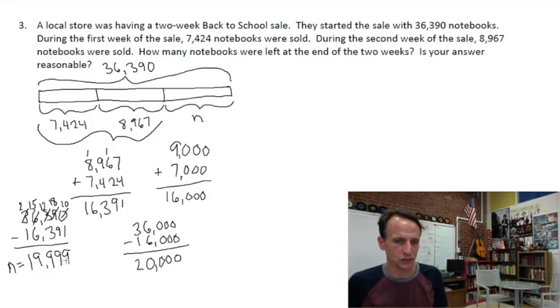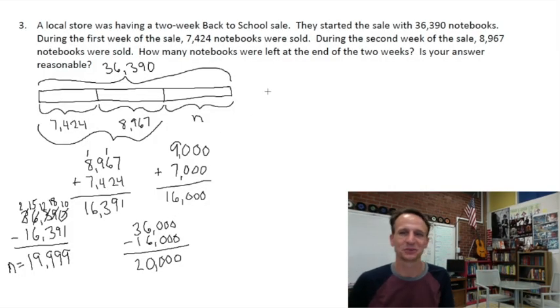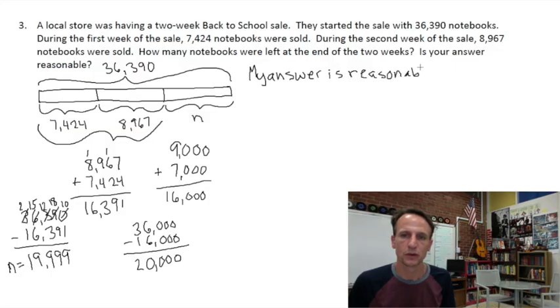Well, if you look at our actual and our estimate, they are 1 away from each other. So our answer is very reasonable. So we can say my answer is reasonable because what do we get for our actual?